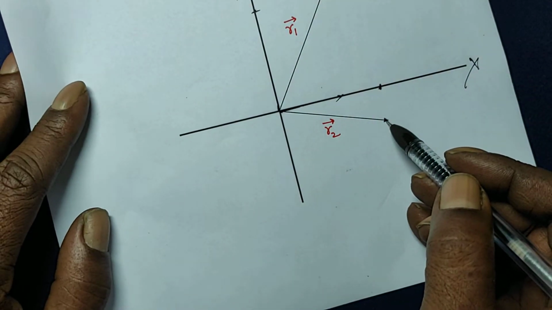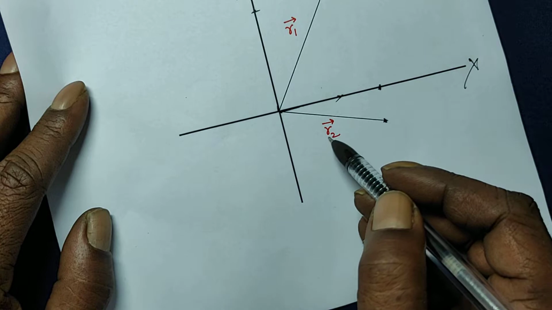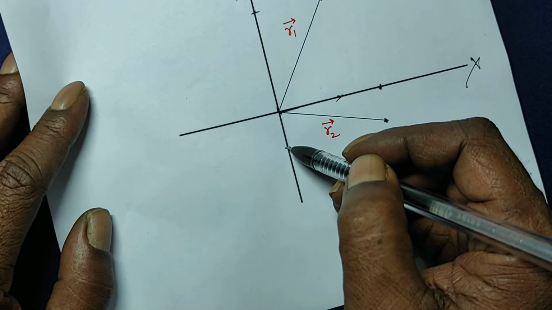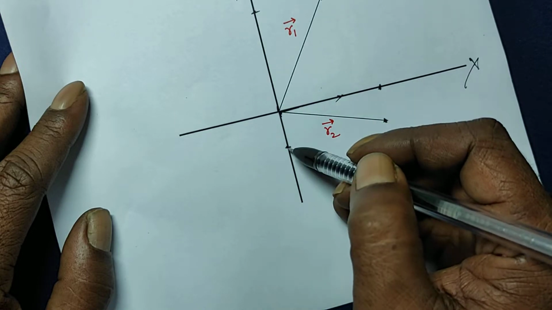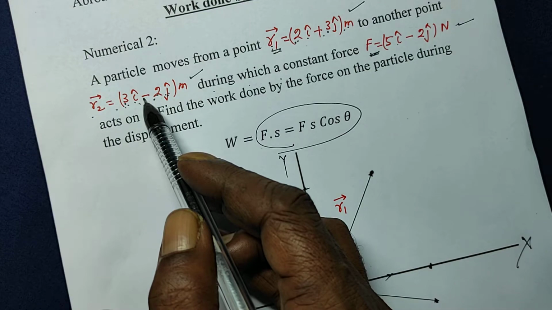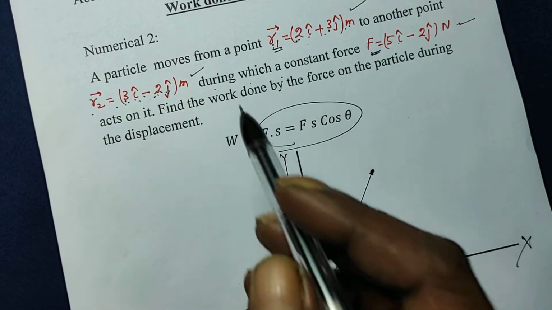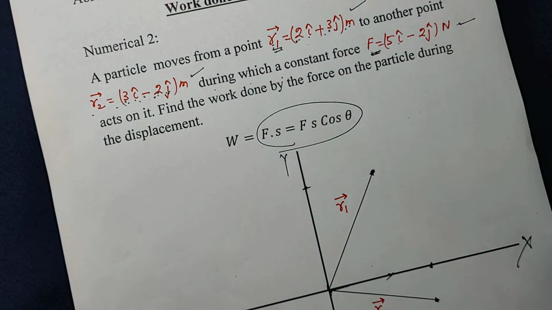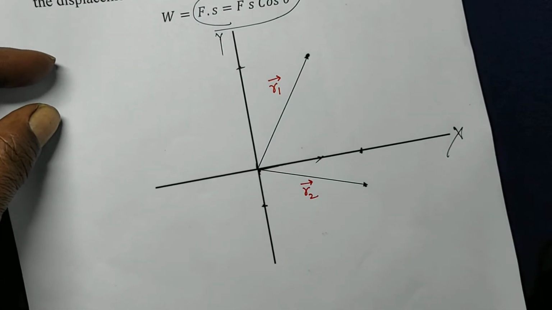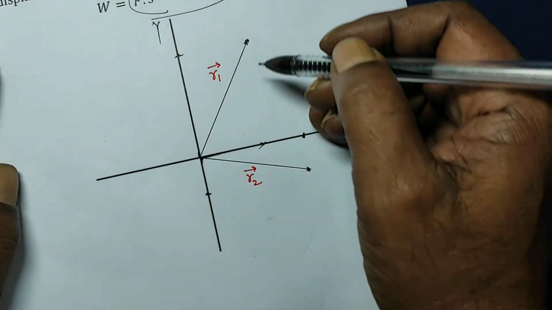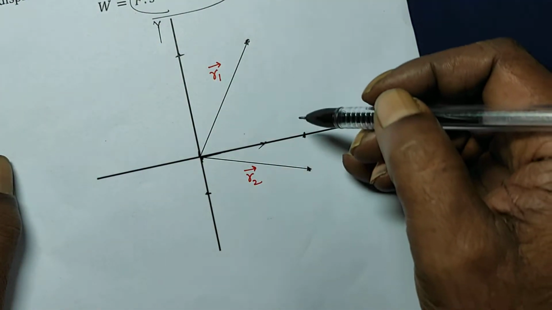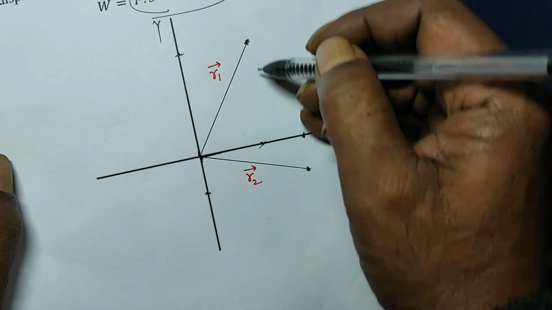Then from here, if you drop a perpendicular on the y-axis, the length from here to here is 2 units. Minus 2j cap means it is along the negative y-axis, where j cap is a unit vector. Now, initially the body was here, now it is here. So this is the displacement.